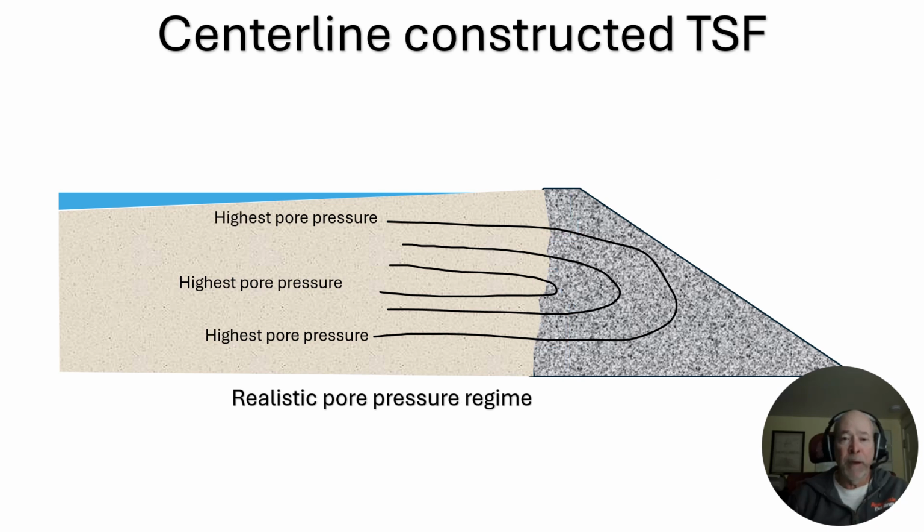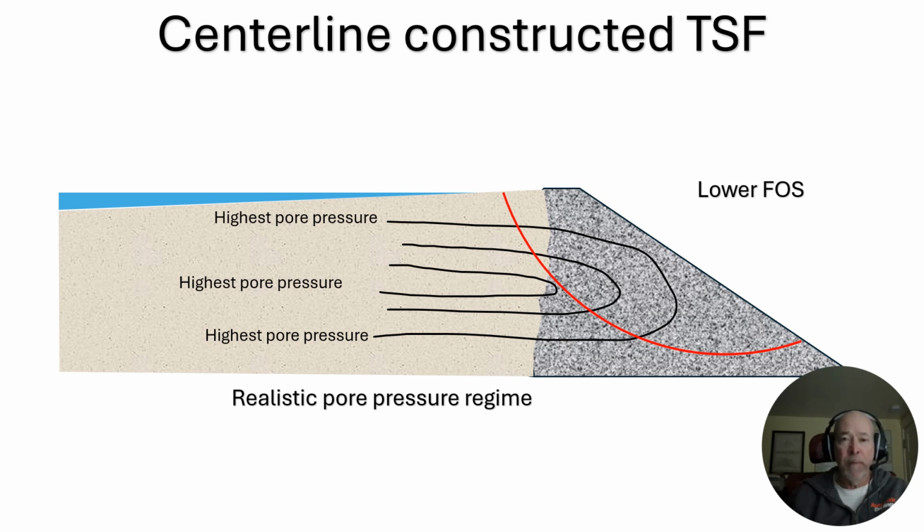And now we've got a realistic pore pressure regime, and we can run our slope stability analysis on this thing where you can see the failure surfaces passing through some of that pore pressure, where before the phreatic surface was well below the failure surface. And now we've got a lower factor of safety.